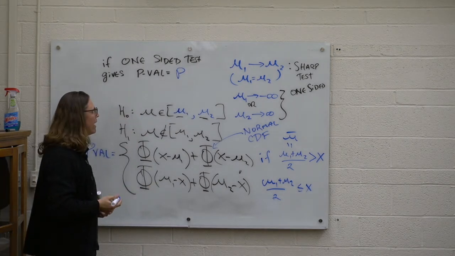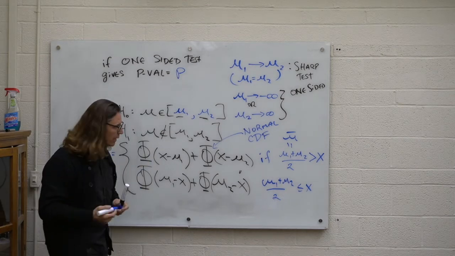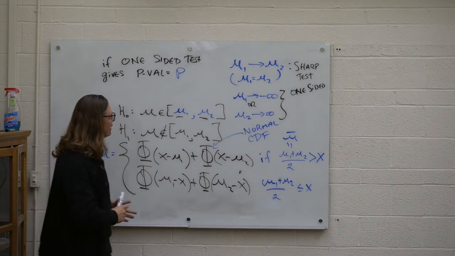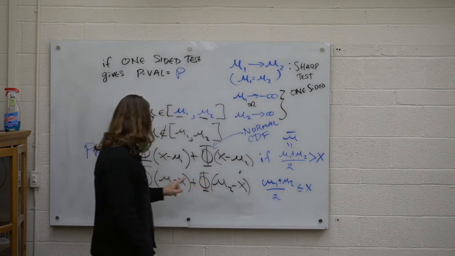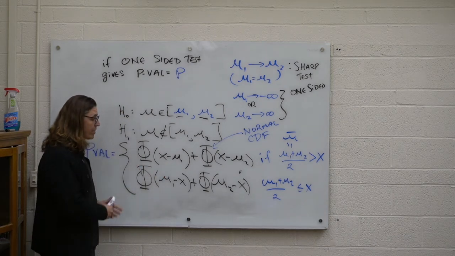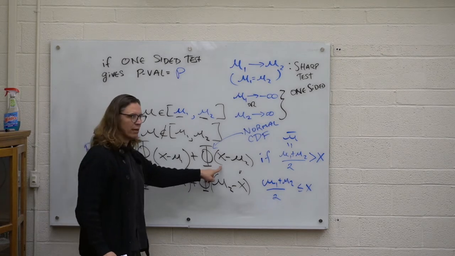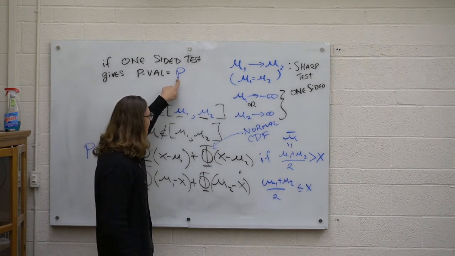So that's the actual value, i.e. maybe that's 0.04 or something like that. So let's just say I was doing a one-sided test where mu1 was going off to negative infinity right out here. This CDF right here would go to 0, and I would just be left with this CDF, and that would contribute my p-value of p.